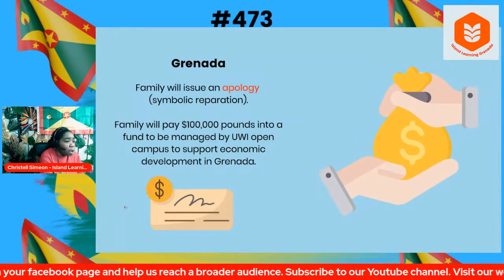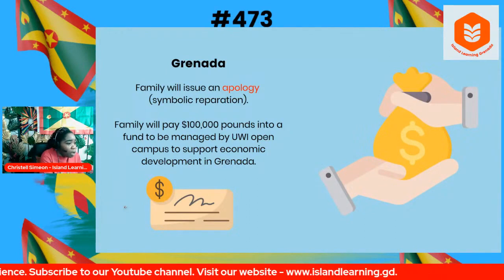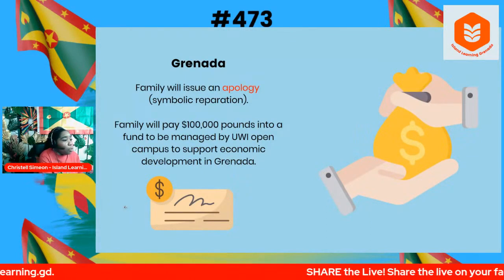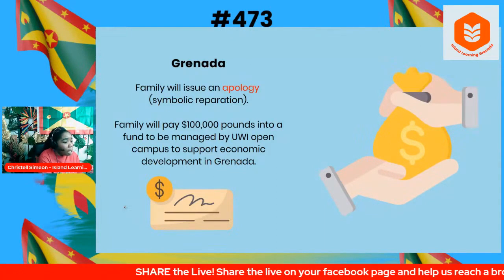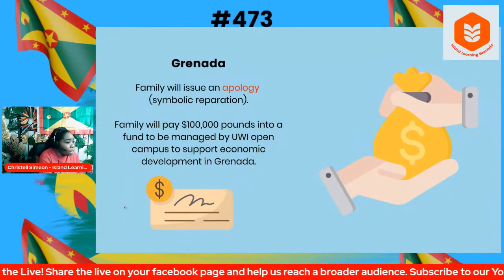They have issued an official letter acknowledging their family's involvement in the enslavement of Grenadians during the period of slavery. That would be the first measure of reparation, the apology. And also they will pay compensation.